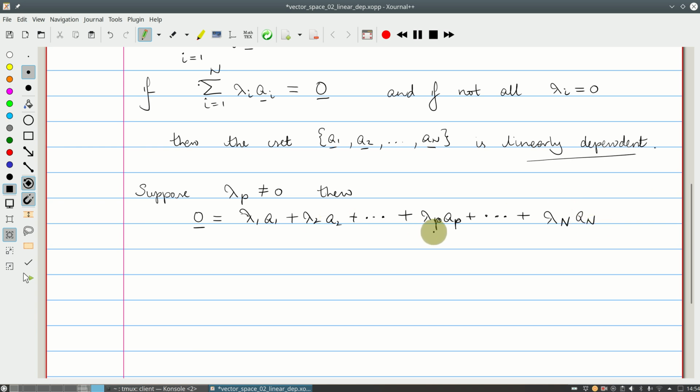Now if this lambda p is non-zero, then I can first of all pull out the a p to one side. So we have lambda p a p is equal to, I've got a minus sign there, lambda 1 a1, lambda 2 a2, and then we don't have a lambda p, so I'll just note it down.